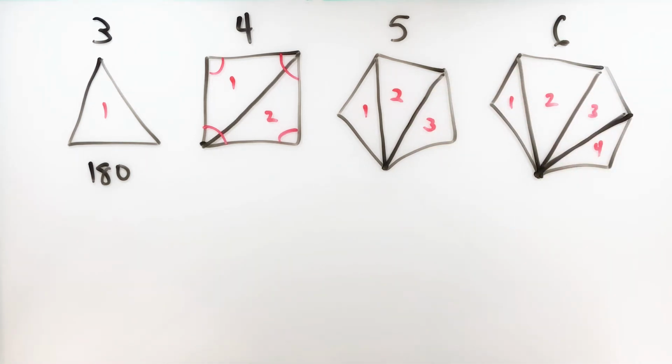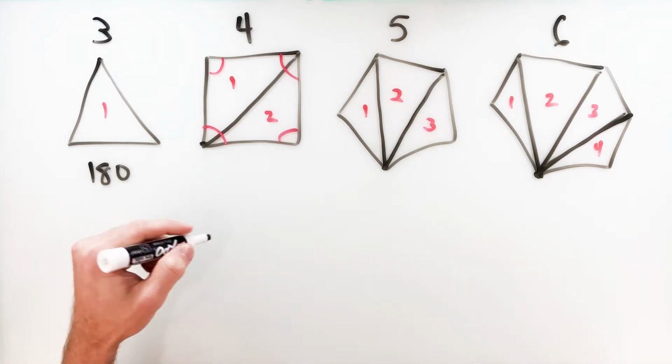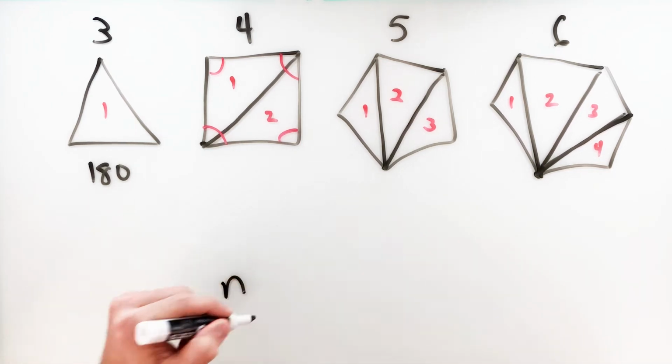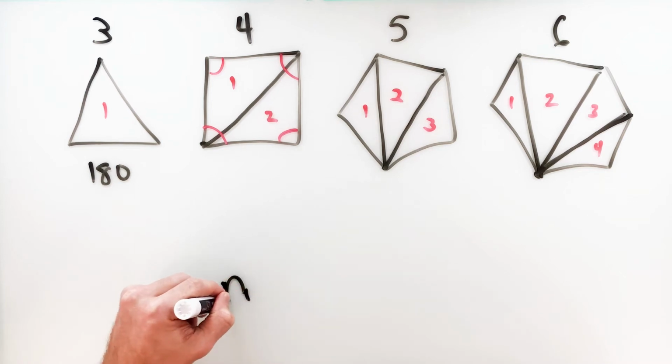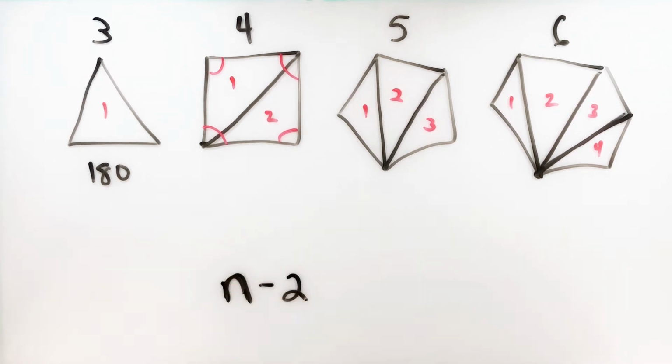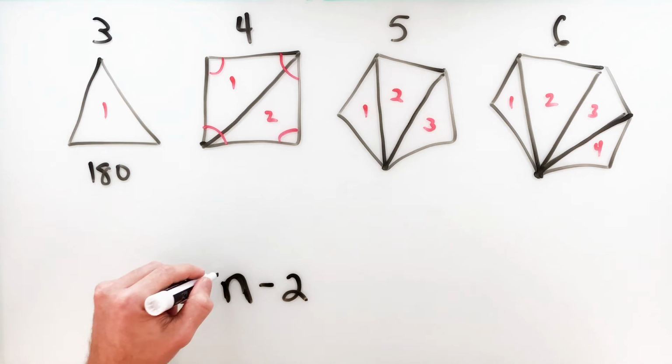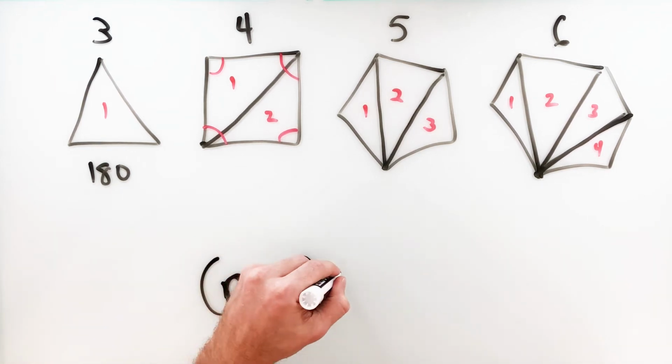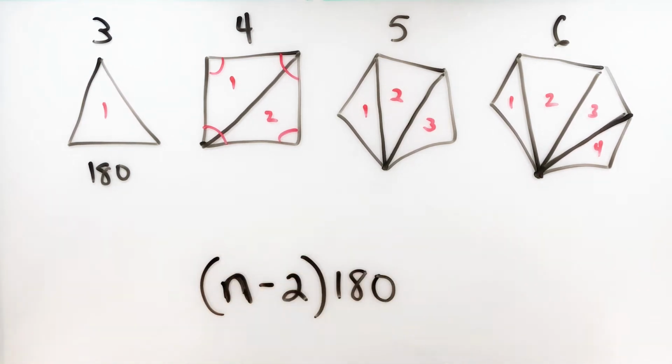Okay, so if we want to make up a little expression that's going to get me the total sum of all the angles in any given figure, you take the number of sides, so we're going to use n for the number of sides, minus 2, which again gets me the number of triangles, and we multiply that by 180 degrees because each triangle has a sum of 180 degrees.